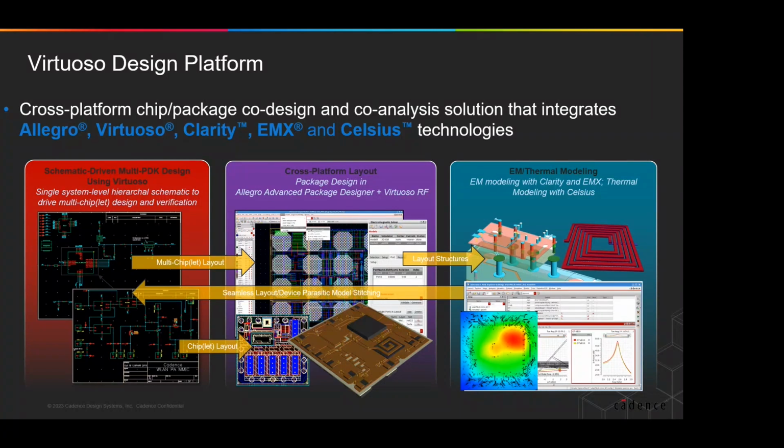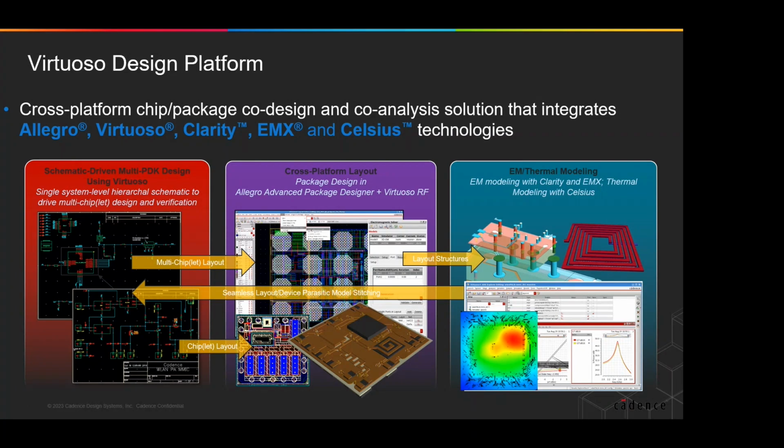Well, the Virtuoso Design Platform is really a cross-platform chip package co-design and co-analysis solution that integrates a bunch of our tools together. So it integrates Allegro, Virtuoso, Clarity, EMX, and Celsius, which is our thermal solver, together in one sort of cohesive environment.